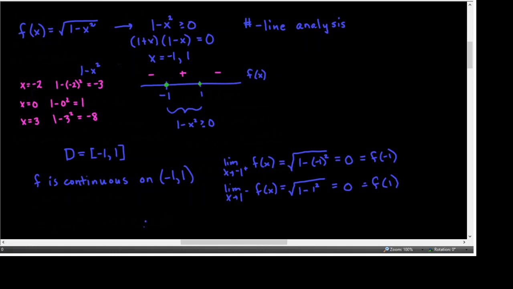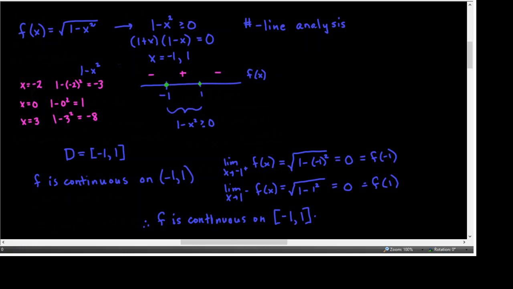So our grand final conclusion is, if it's continuous on the open interval from -1 to 1, and now we know that it's continuous at both endpoints, we can claim that we have continuity on the closed interval -1 to 1. So again, radical functions, we can now say, will be continuous on their domains. Take that as a given.